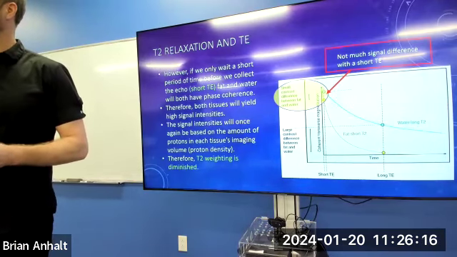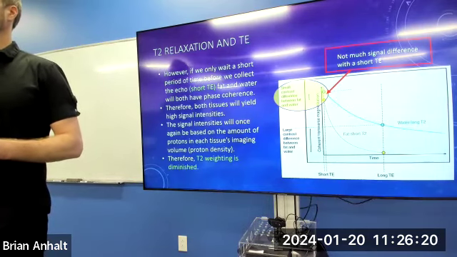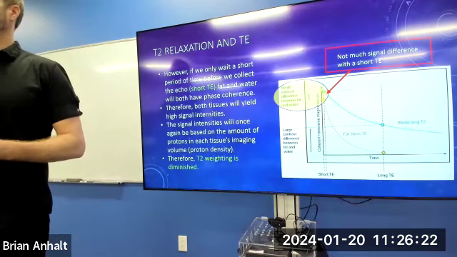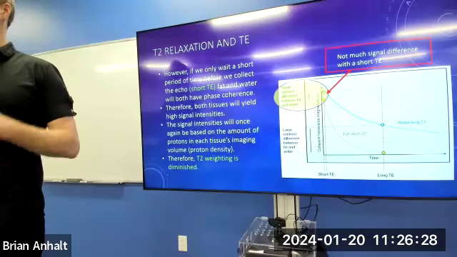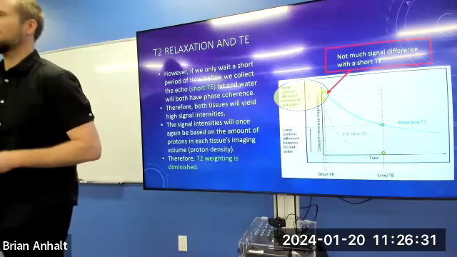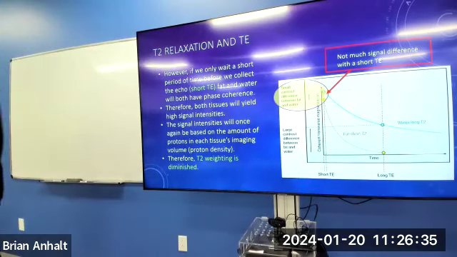So is it a true statement that tissues with a long T2 time look dark on a T2 weighted image? No, thank you. It can be tricky, right? I can say long T2 time, that means it takes a long time to decay transversely, meaning that it holds on to its phase coherence for a long period of time, right?